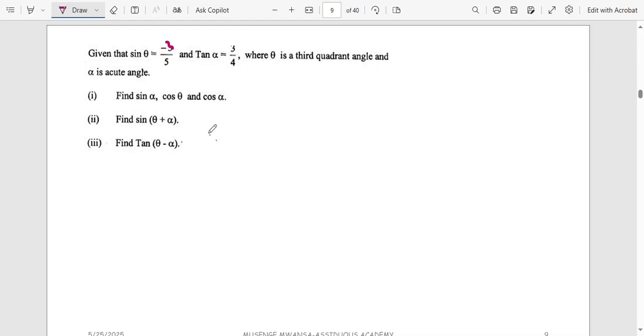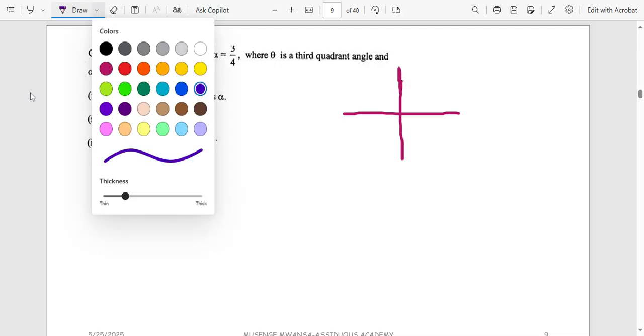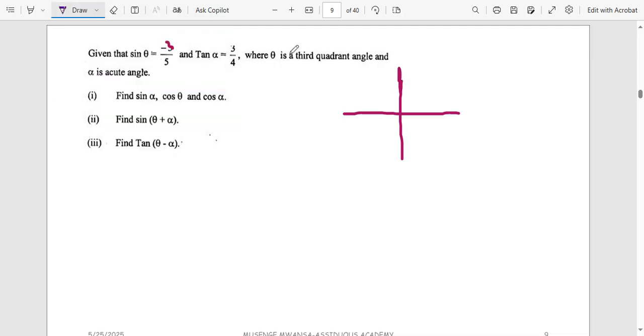The first thing first, you need to be able to see where these are, so try to write the quadrants. You have been told that theta is in the third quadrant. Where is the third quadrant? It's here.